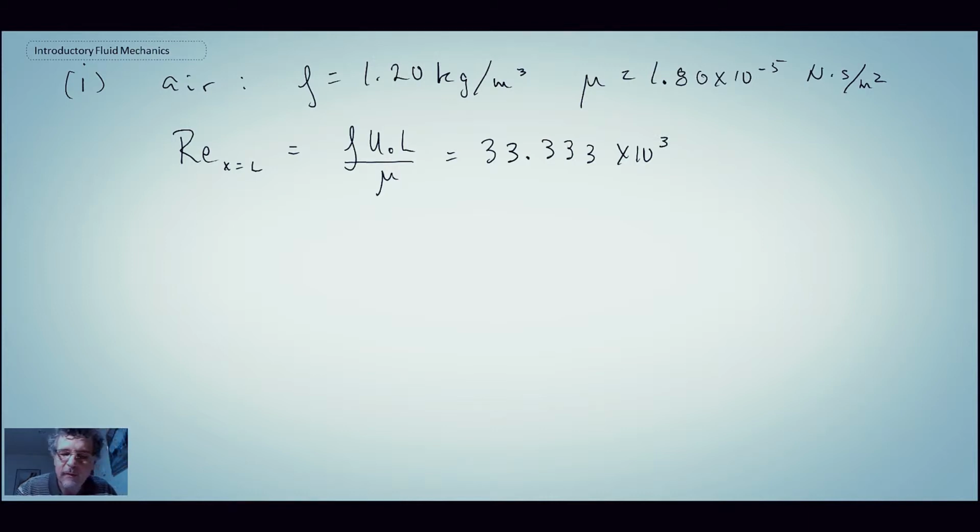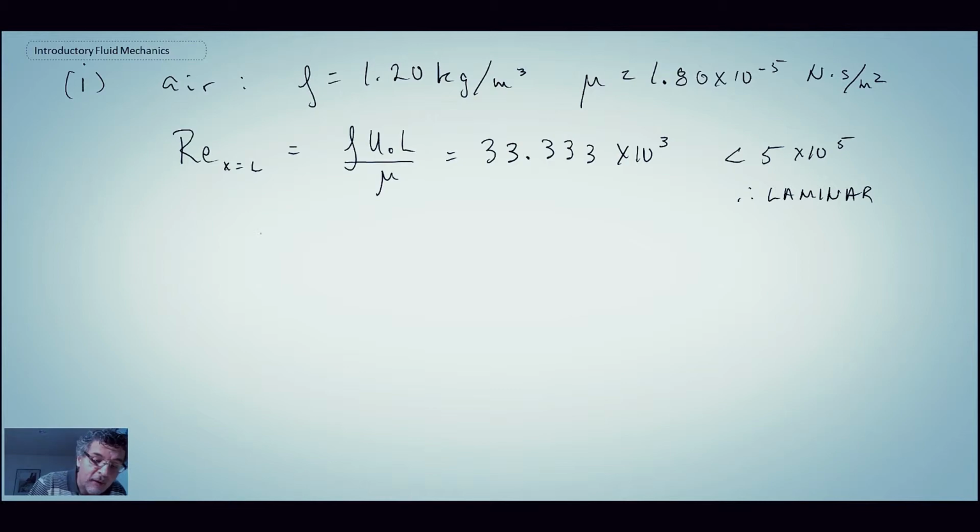So we get a number 3.3 times 10 to the 4, and this is less than our 5 times 10 to the 5, and therefore we can conclude that it is a laminar boundary layer, and consequently we can use the result that we showed on the earlier slide from von Karman's momentum integral analysis.